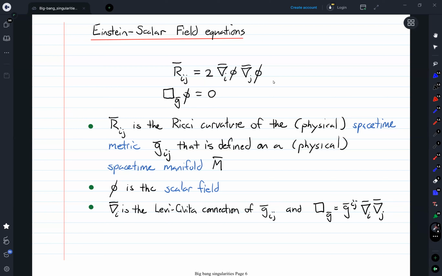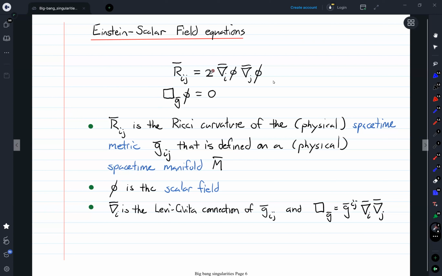But of course, the full equation is nonlinear because this box here is the wave operator, right? So the metric G enters nonlinearly into that. That equation is nonlinear in G because when you apply it to a scalar, which is phi, you then get Christoffel symbols, which are nonlinear in the metric.